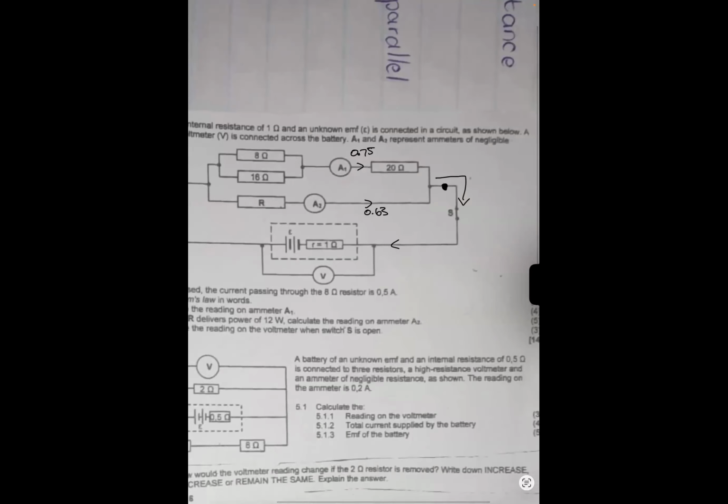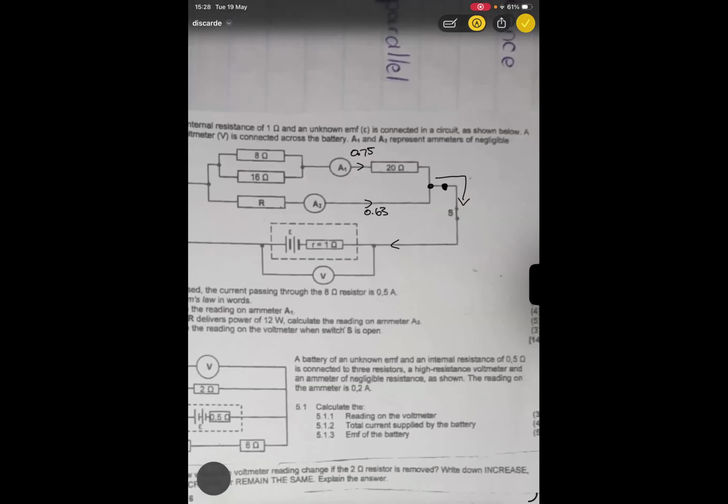So the current because of this current and that current, they're going to meet at this point here, and join together and move in that direction. So that current is going to be 1.38, the sum of 0.75 and 0.63.